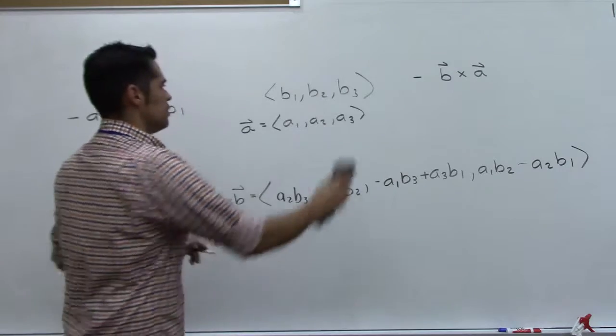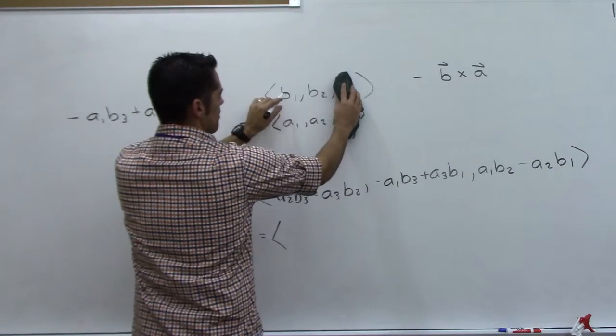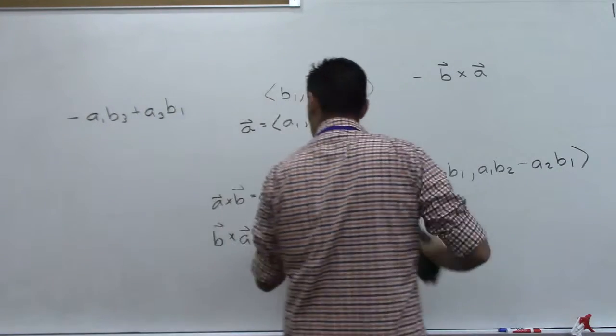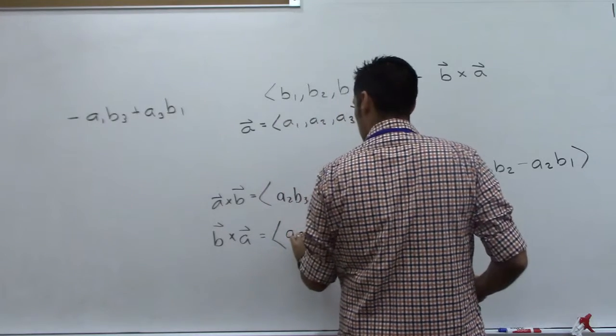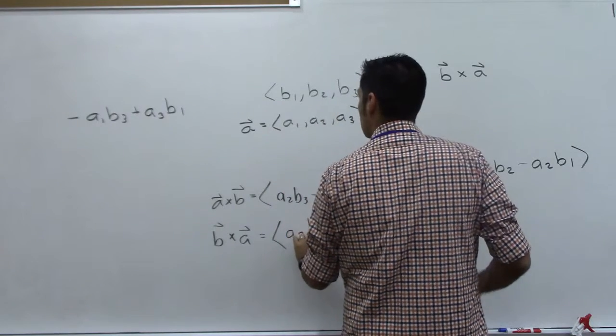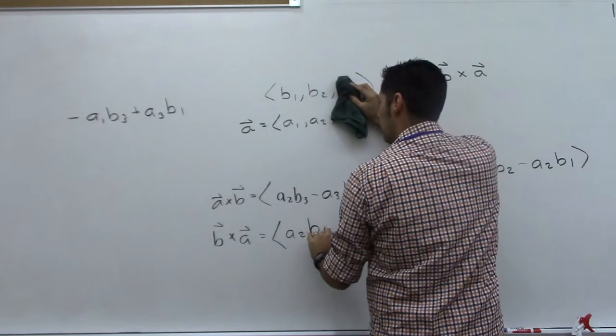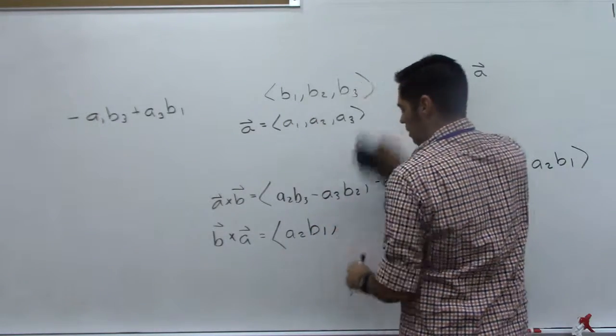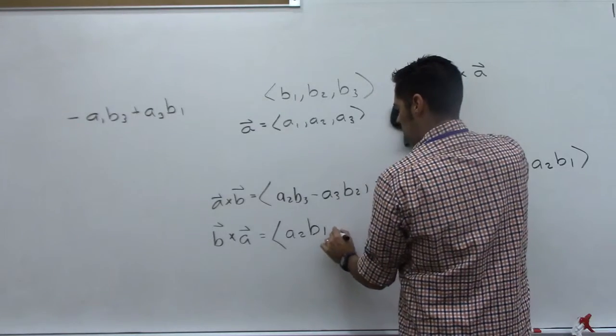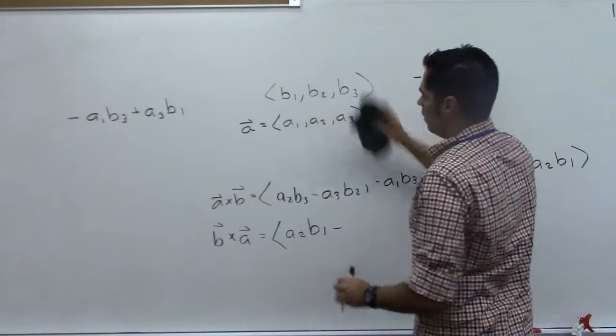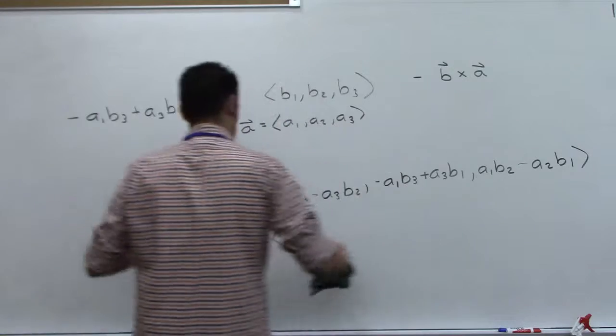Let's do the first part. Cover up this one. B1 times A2, that's A2, B1, minus, God, I did it again. I don't know why I'm doing this.